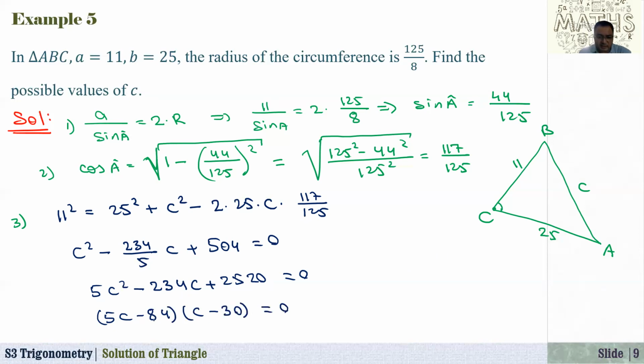You can check this: 5C times C is 5C squared, 5C times 30 minus 150, and the 84C, their sum is 234. And 84 times 30 is 2,520. So possible values are C is equal to 30, or C is equal to 84 over 5.